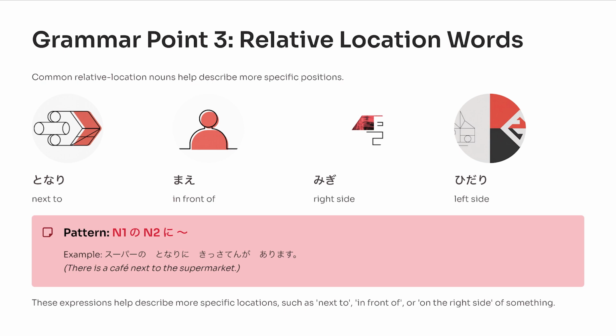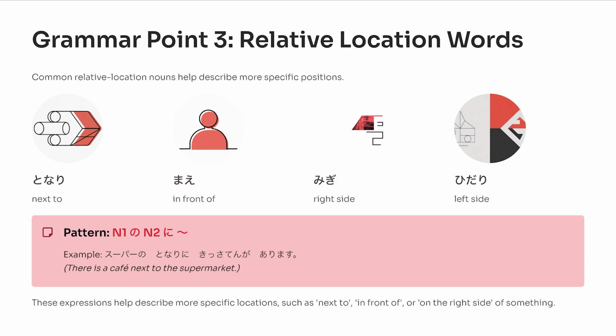To use these expressions, follow the pattern noun 1の location に. Here, the particle の connects the reference object to the location word, while に marks where something or someone exists. For example, スーパーの隣に喫茶店があります.